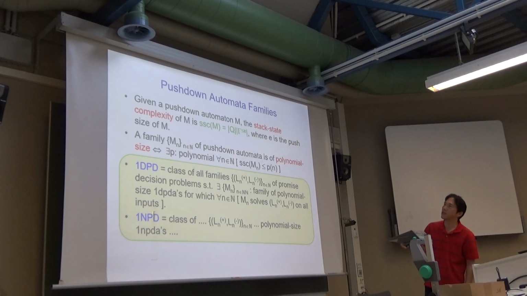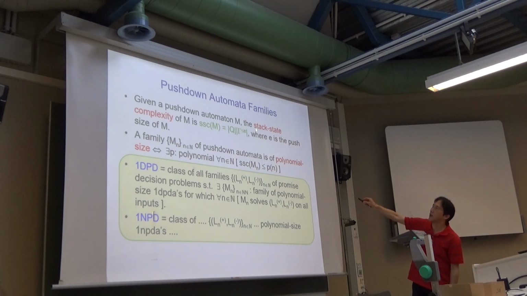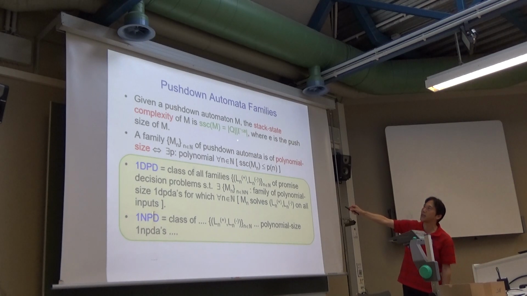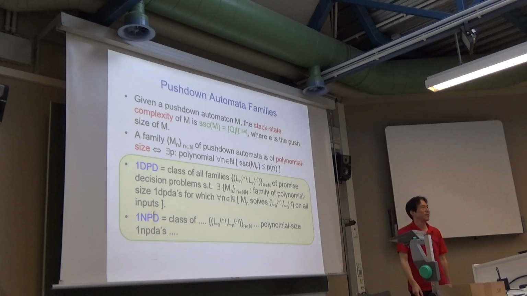Then we added an extra machinery, that means the push-down automata. In push-down automata, we can't use state complexity. We have to elaborate on some other notion, so I defined the stack state complexity. Stack state complexity is the multiplication of the number of the inner states and the set Gamma, the stack alphabet, raised up to e times.